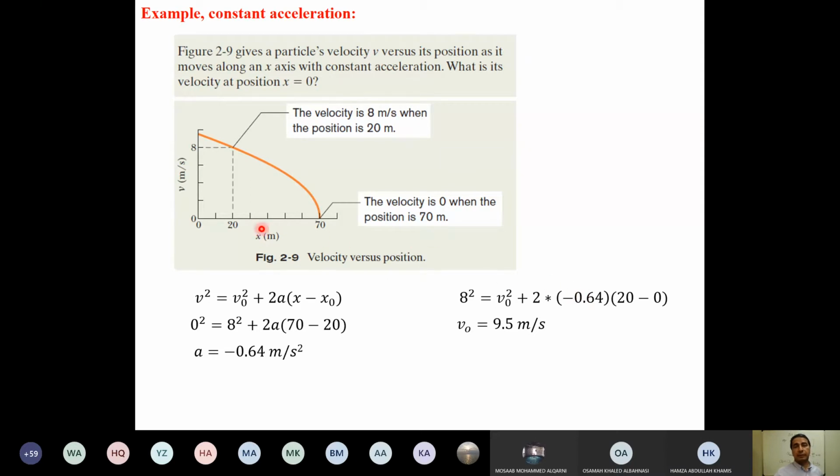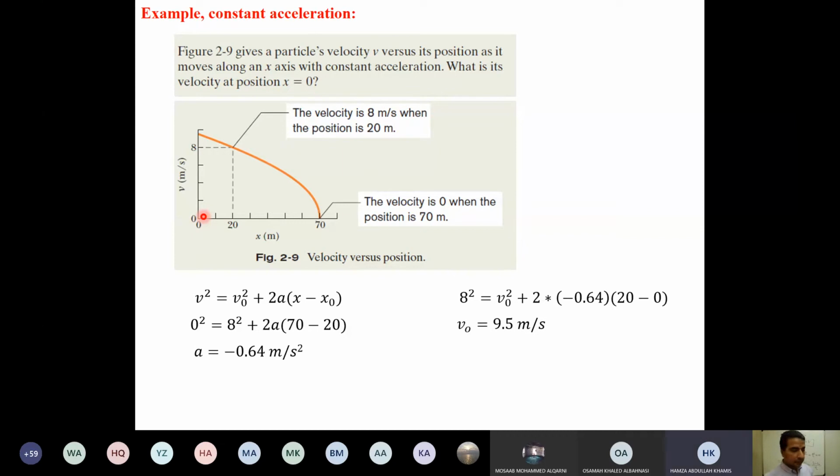If you consider this part of the problem, on this right side, for that your x naught is 20, and x is 70. And here, V naught is 8, and v is 0, right? Did you get it? So it depends on which situation you want to consider.